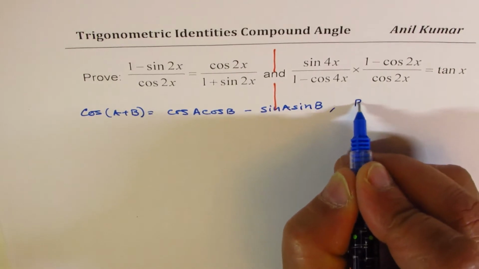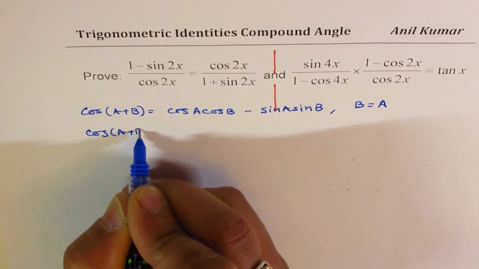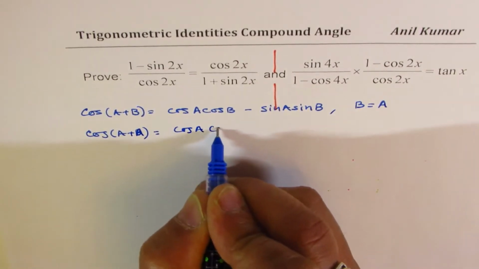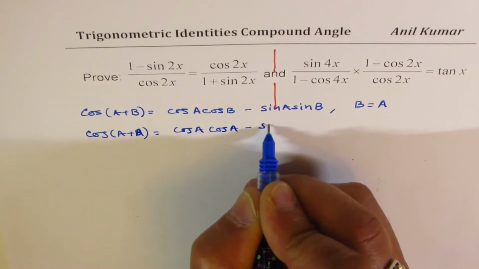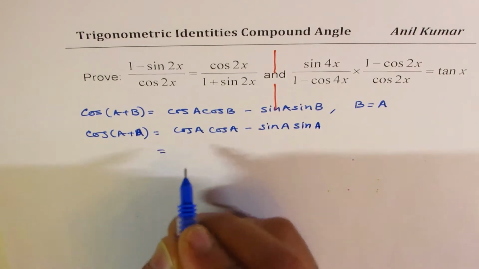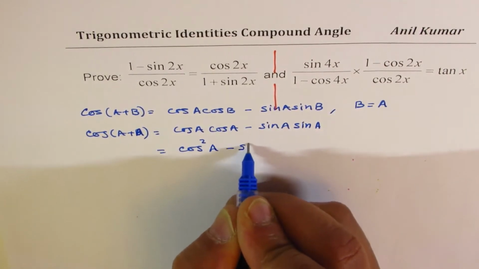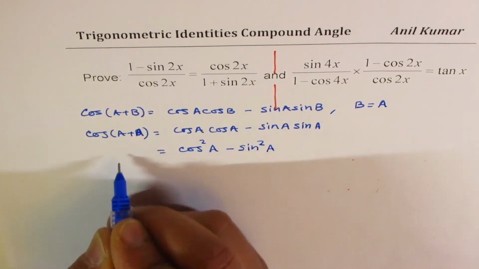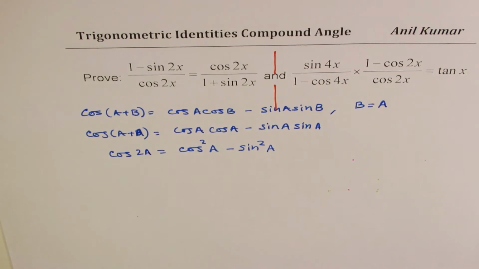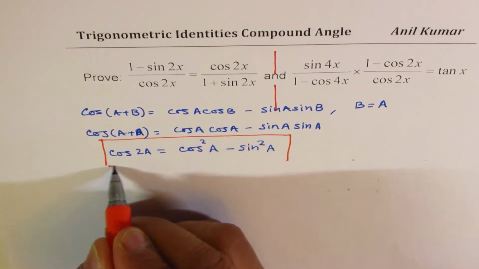If I substitute B equals A, then I get cos(A plus A) as cos A cos A minus sine A sine A. So that gives you one form of the formula, which is cos square A minus sine square A equals cos of 2A. This is what we call the double angle formula, right? So that is the double angle formula.